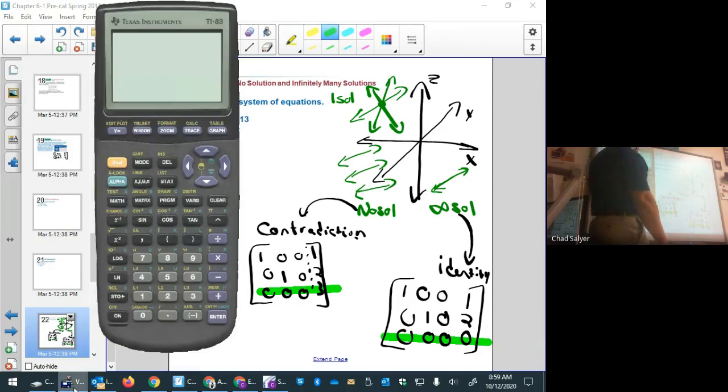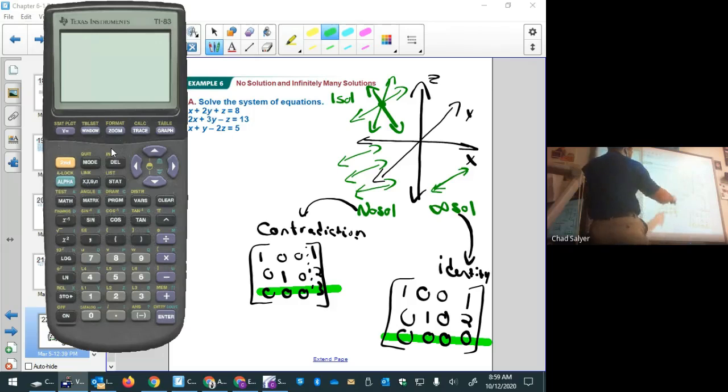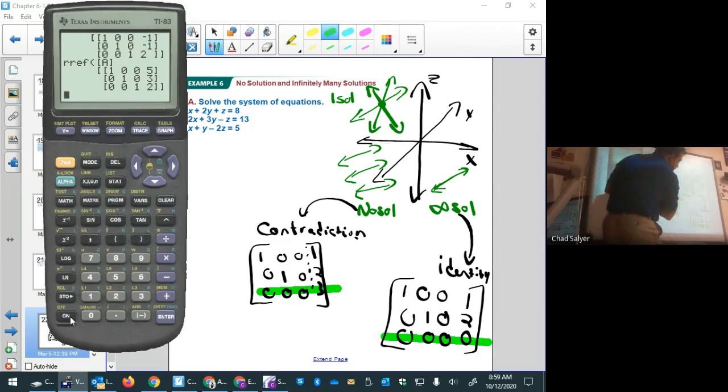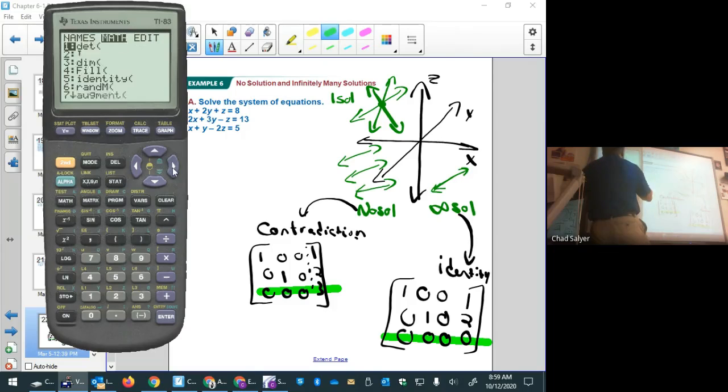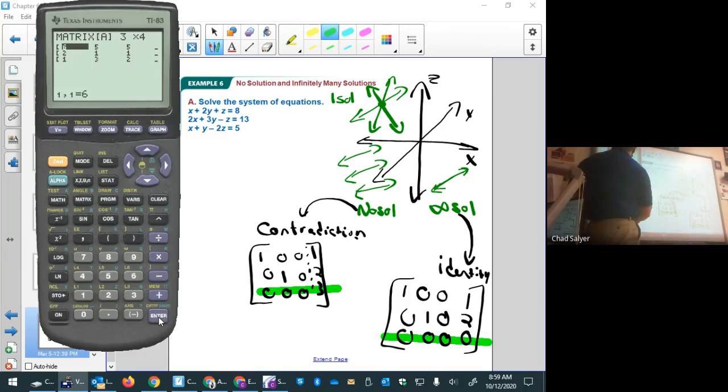So let's punch this one in our calculator and see if we encounter one of those unusual cases. Gosh, 10 minutes left. Time flies when you're having fun. So putting this in: 1, 2, 1, 8, 2, 3, -1, 13, 1, 1, -2, 5.